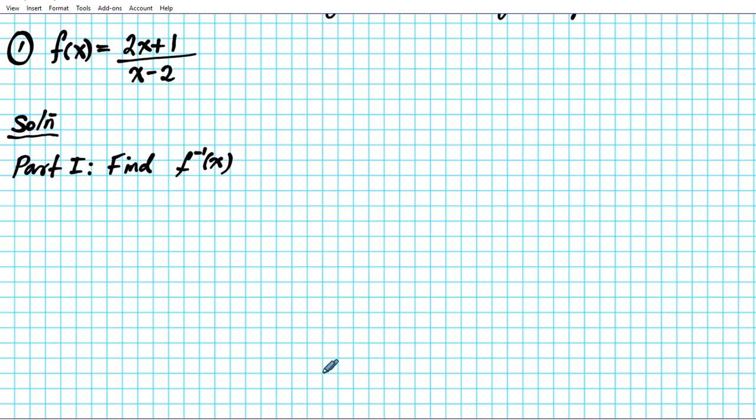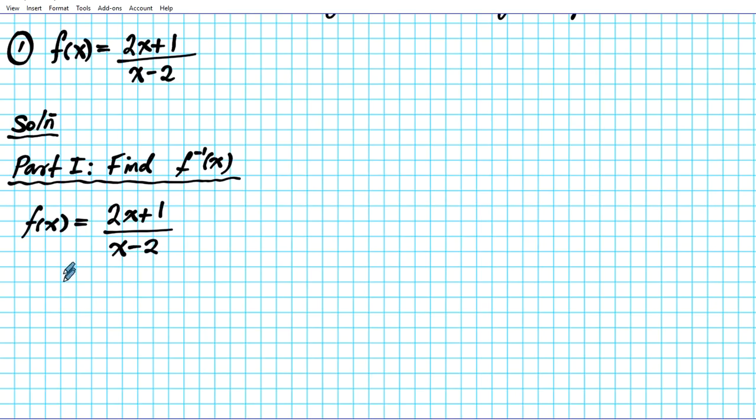Now, we have the original function, which is f of x equals 2x plus 1 over x minus 2. Now, to find the inverse, we're going to do a switch. We're going to replace the output variable with the input, and then the input with the inverse of the output variable.